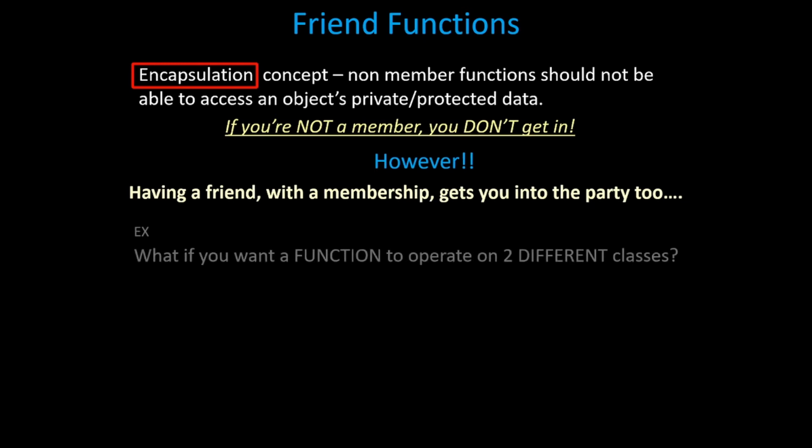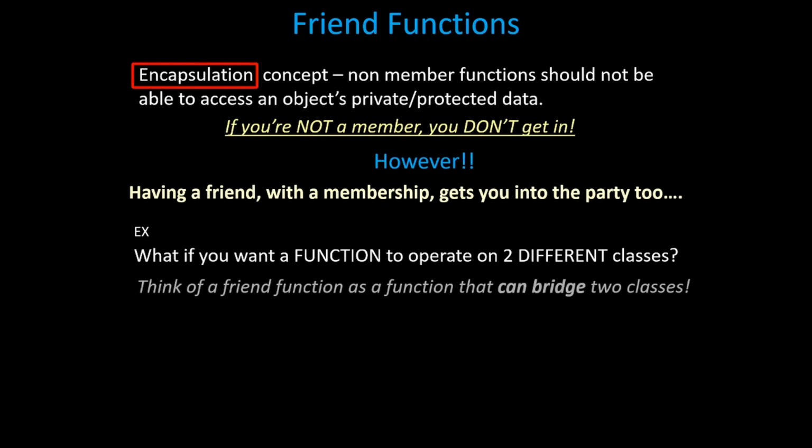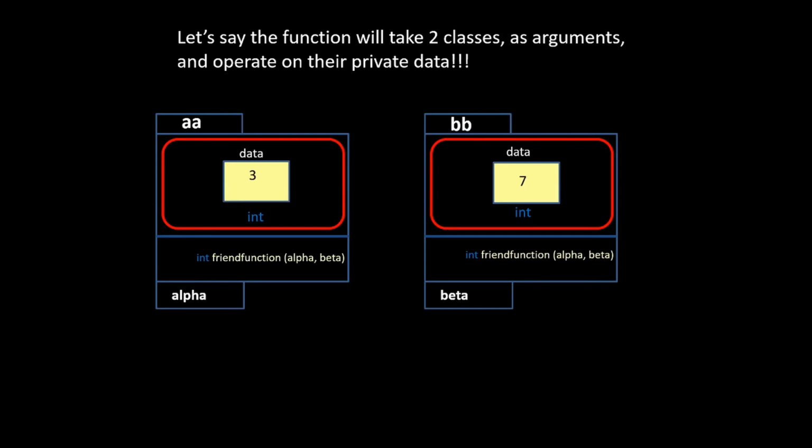As an example, what if you want a function to operate on two different classes? Think of a friend function as a function that can bridge two classes. Let's look at this really quick example. We'll turn it over to Visual Studio in a minute, but let's just look at this for a sec. I've got two classes, alpha and beta.